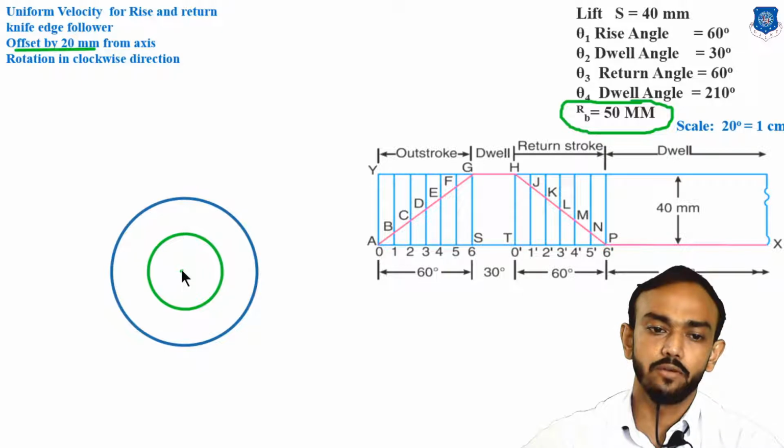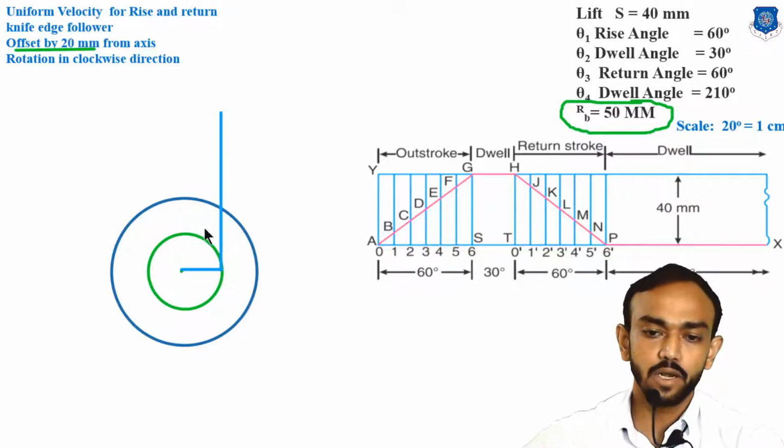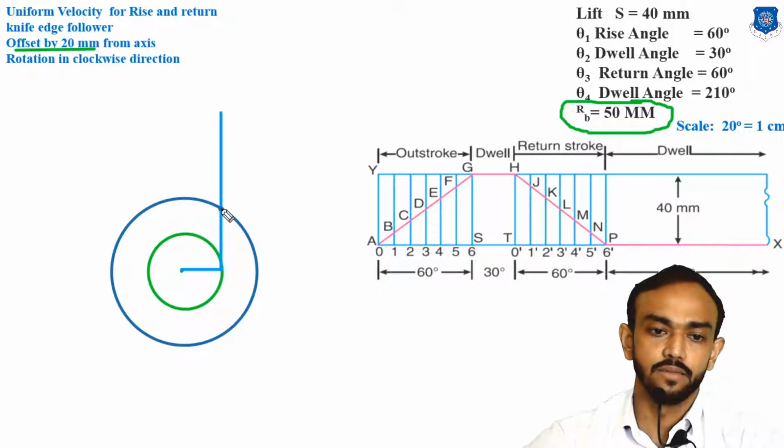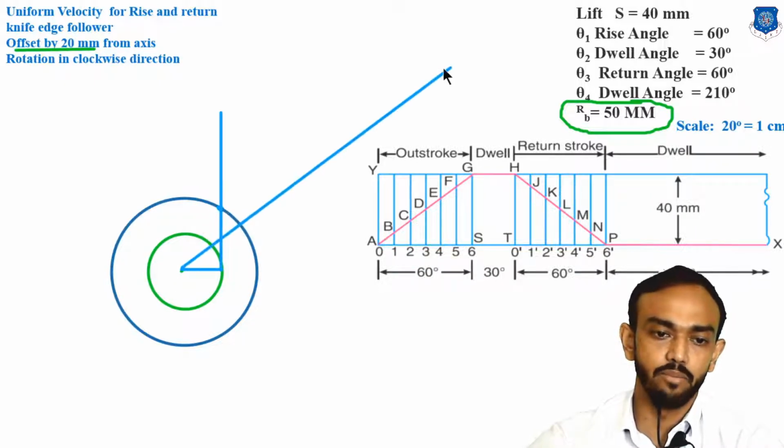First of all we have to make a horizontal line at the center up to the offset circle, and then a vertical line. Draw the vertical line, and then we obtain this point here, which is very important. Connect this point to the center.